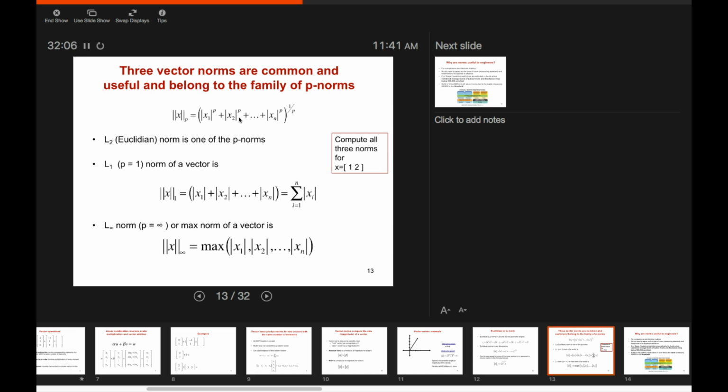Now, what is the actual practical use for these? Do I ever, for instance, 1 norm, can anybody imagine how would it be helpful? In distances. If I was going to go to that corner, to that door, can I fly? I'm not that good. So the distance I'm going to cover is not going to be Euclidean distance.